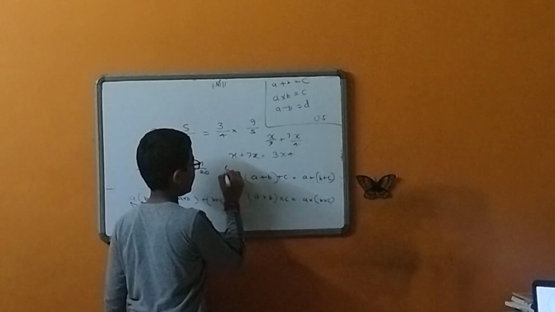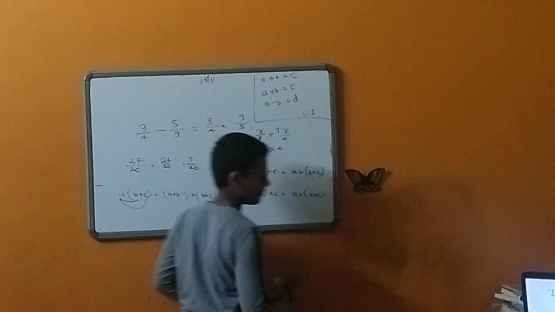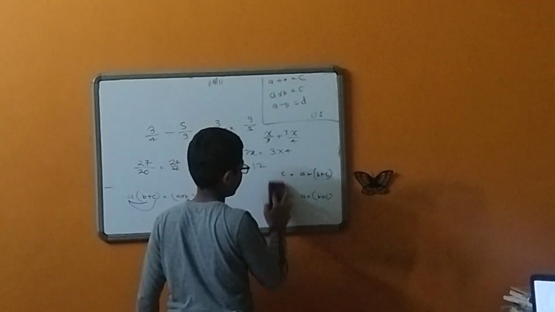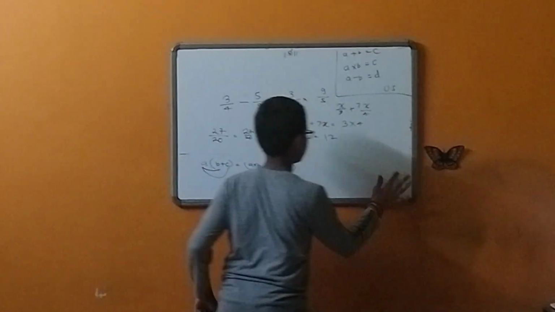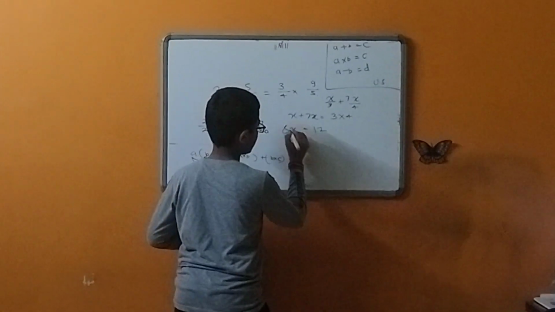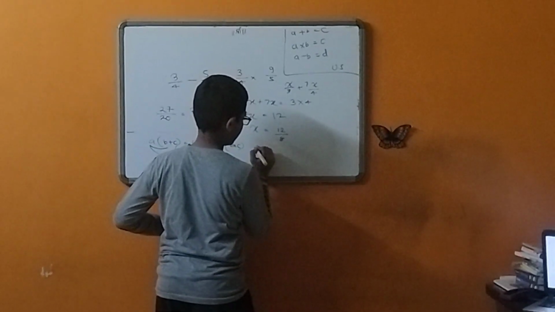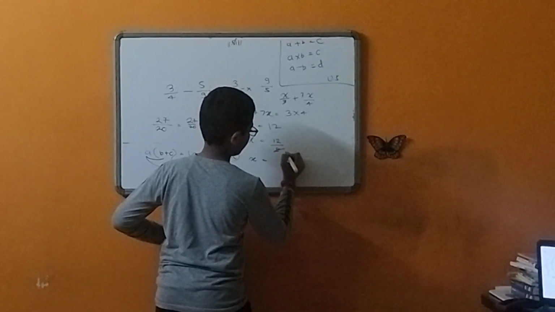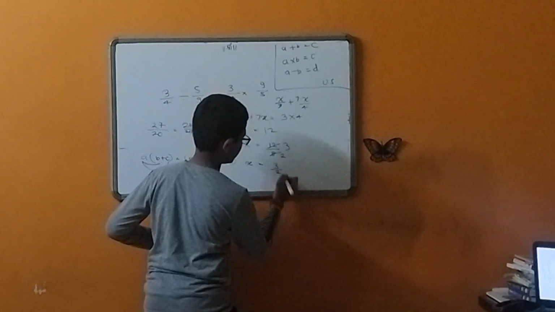So 8x will give us 12. So x is equal to 12 by 8. X is equal to 3 by 2 in this case.